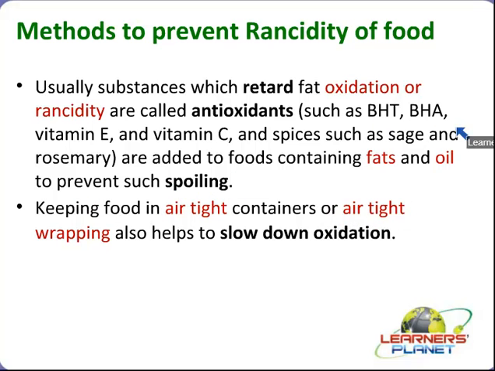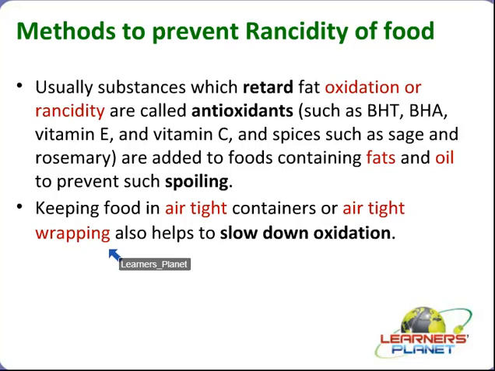Now if we add all these compounds, we can prevent the spoiling. Vitamin E, vitamin C. By doing this we can prevent rancidity. How else can we prevent rancidity? By keeping food in airtight containers or airtight wrappings.